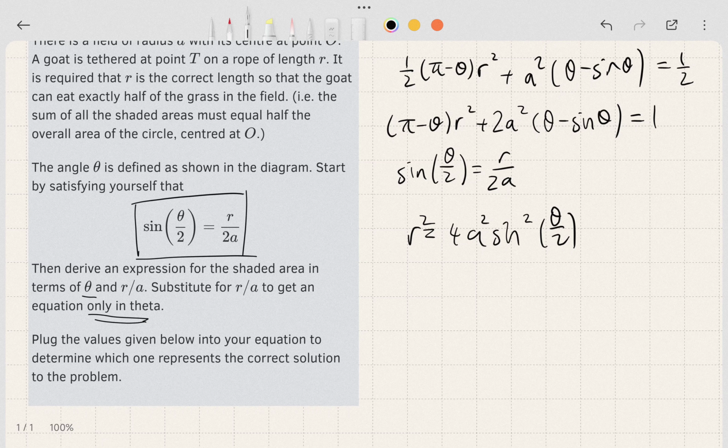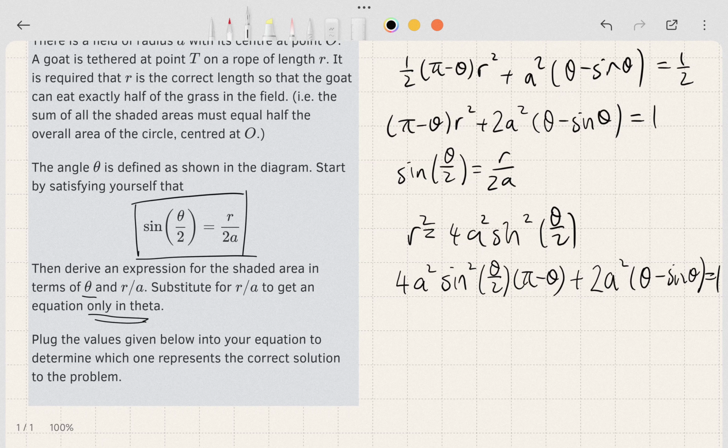So we've got to eliminate r, and here we have 4a squared sine squared theta over 2 times pi minus theta, plus 2a squared theta minus sine of theta, is equal to 1.